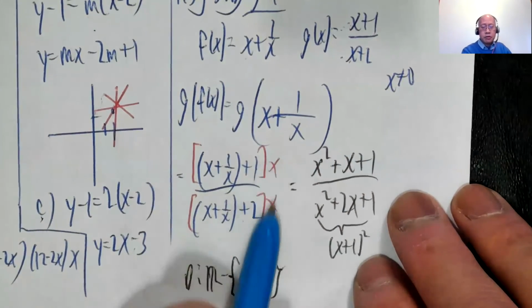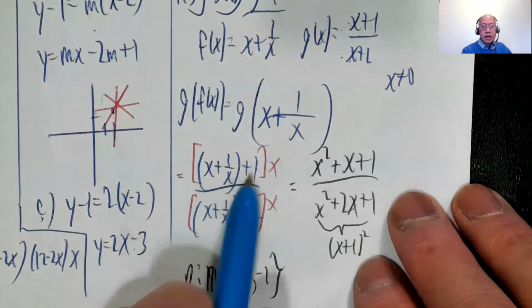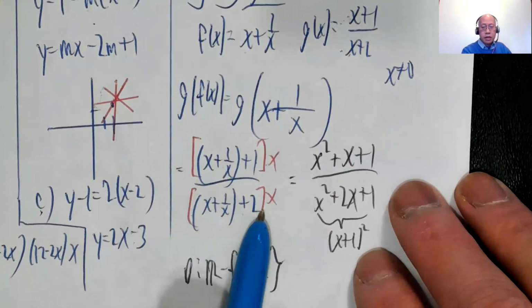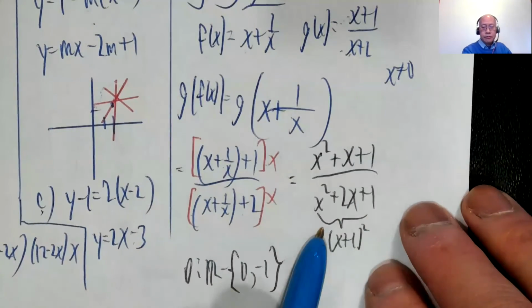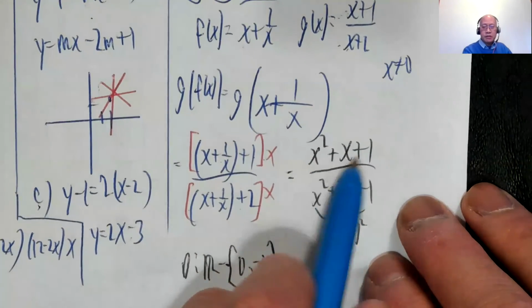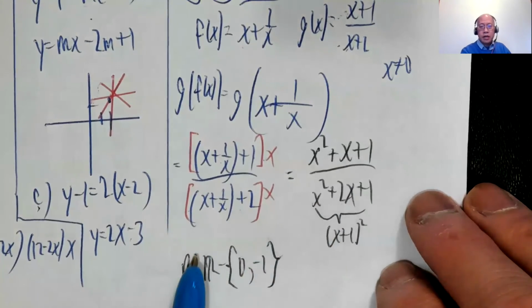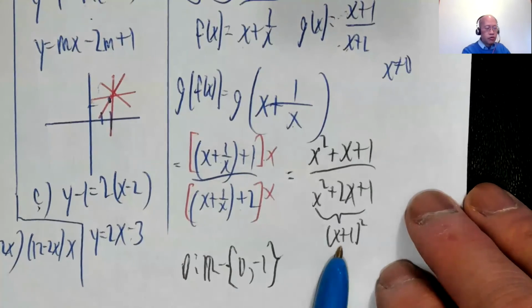Clean it up, multiply both sides by x squared plus x plus 1 over x times x is x squared. 1 over x times x is 1, and then 2x. Okay. So x squared plus x plus 1 over x squared plus 2x plus 1. You can write that as x plus 1 squared. Domain is all real numbers except for 0, which is not allowed here, and -1, which is not allowed over here. Okay.